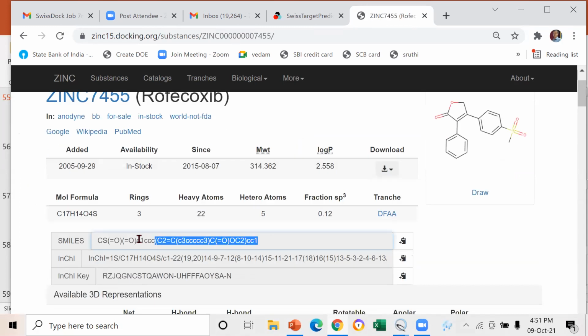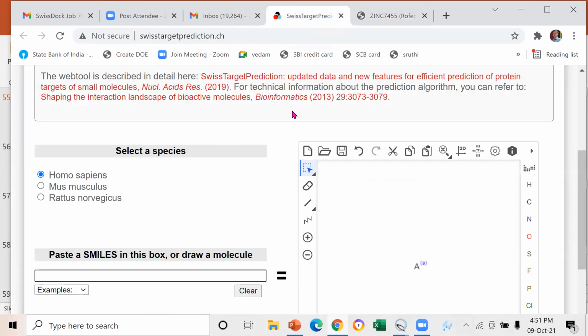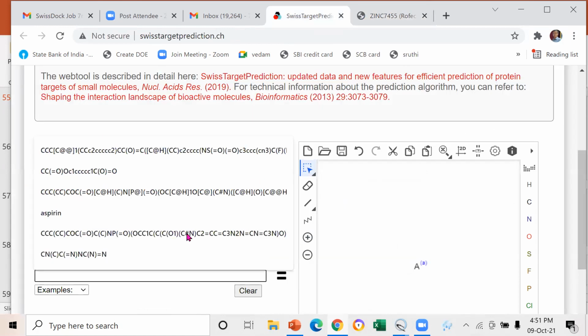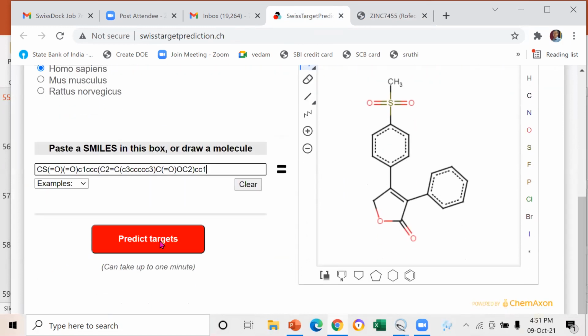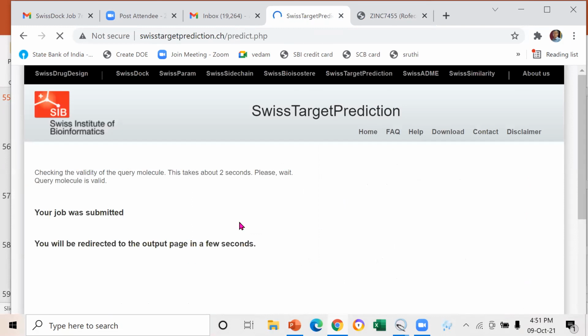So it needs the SMILES, so we can put in the SMILES for this target prediction. Predict targets. This is Vioxx, a cyclooxygenase 2 drug.